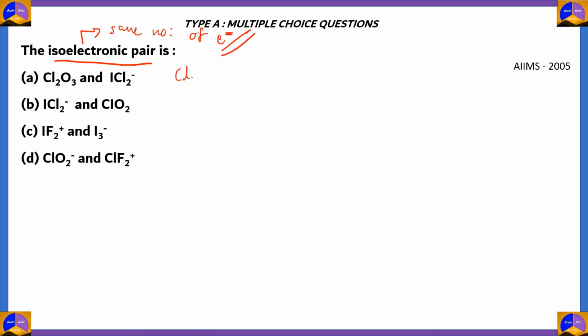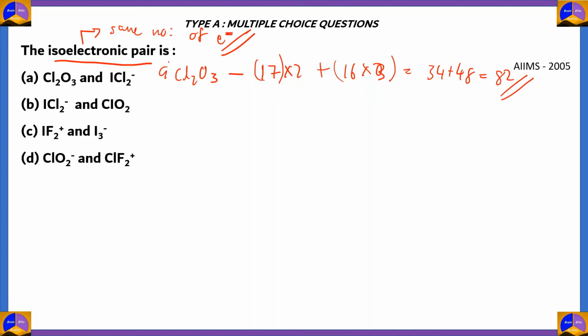In option A, we have Cl2O3. Chlorine has atomic number 17, so it has 17 electrons, and there are 2 chlorine atoms, so 17 into 2, plus oxygen 8, and there are 3 oxygen atoms, so 8 into 3. Now ICl2 minus.